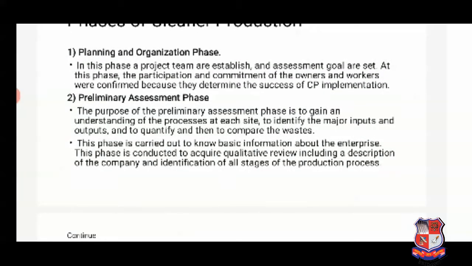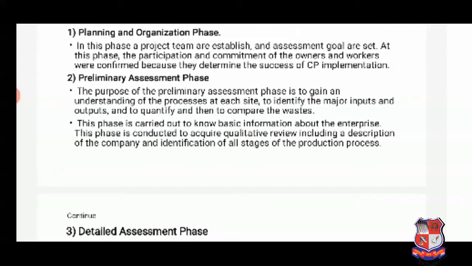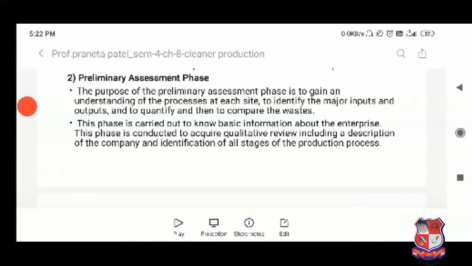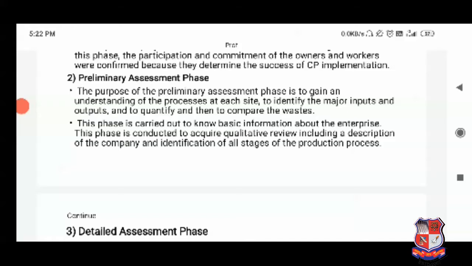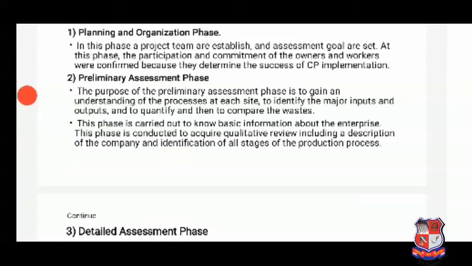The next phase is the preliminary assessment phase. The purpose of this phase is to gain an understanding of the process at each site, to identify major inputs and outputs, and to quantify and then compare the waste. This phase is carried out to know basic information about the enterprise. It is conducted to acquire a qualitative review, including a description of the company and identification of all stages of production processes.